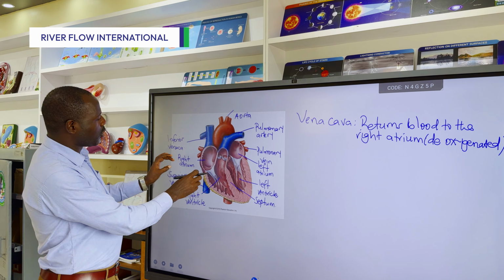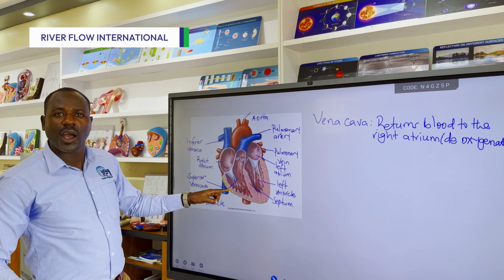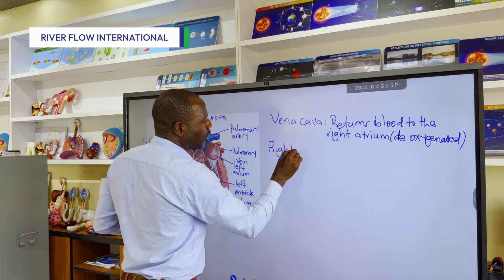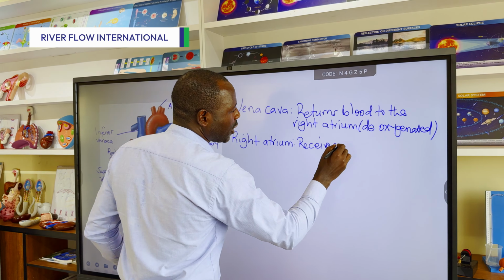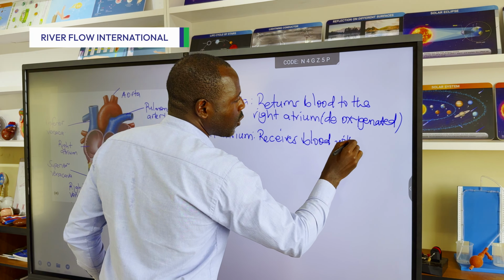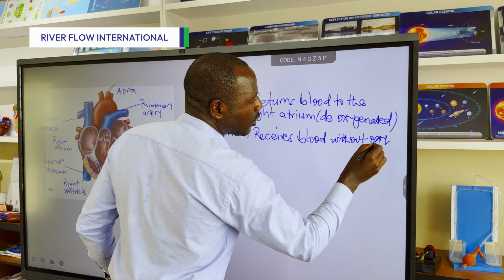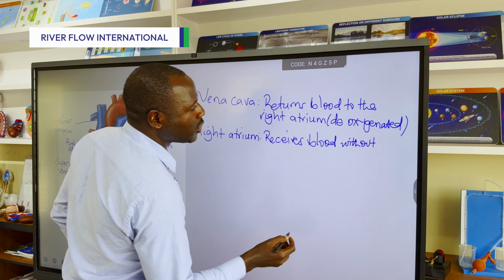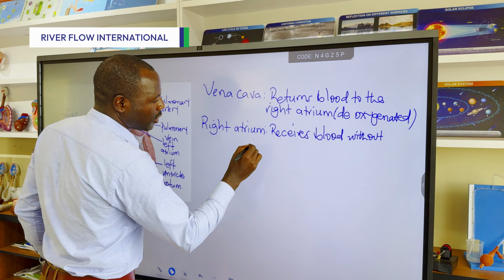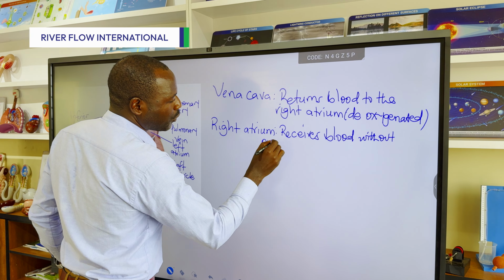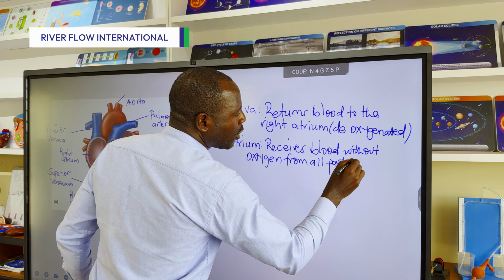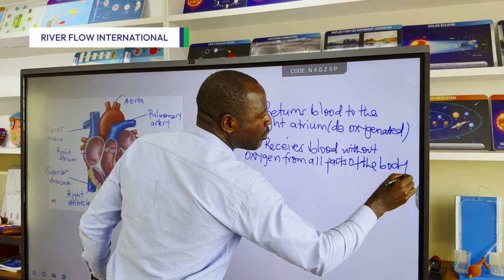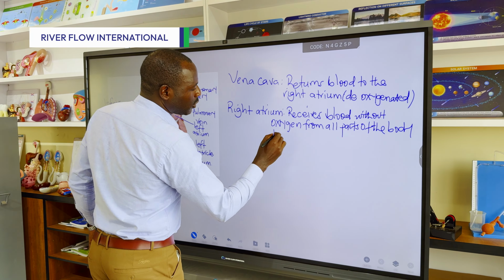Now, when this blood has been returned to the right atrium, we say it receives blood without oxygen from all parts of the body back to the heart.